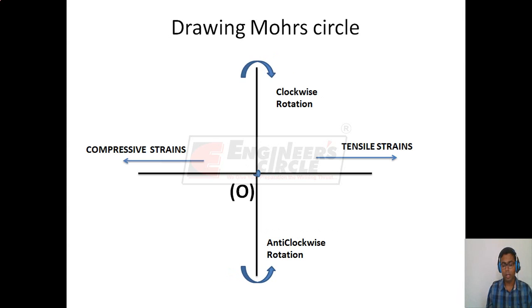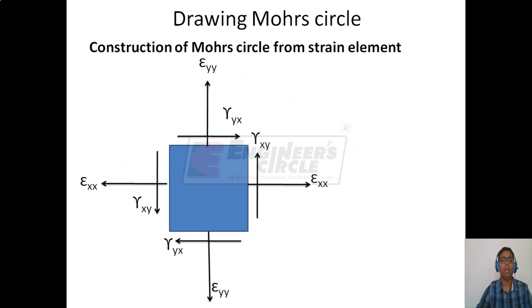Normal strains are marked on the x-axis and shear strains are marked on the y-axis. Now I will explain how to draw Mohr's circle from given strain element.